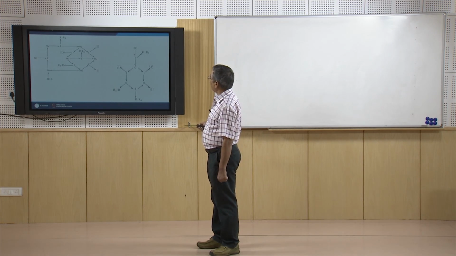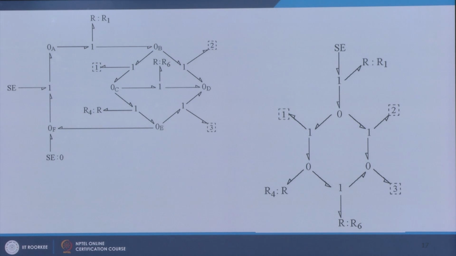So, I will do certain simplification in the bond graph also. So, let us start from here. SC 1 is here, this 0A can be eliminated because whatever power is in, the same is out. So, I remove this 0A.